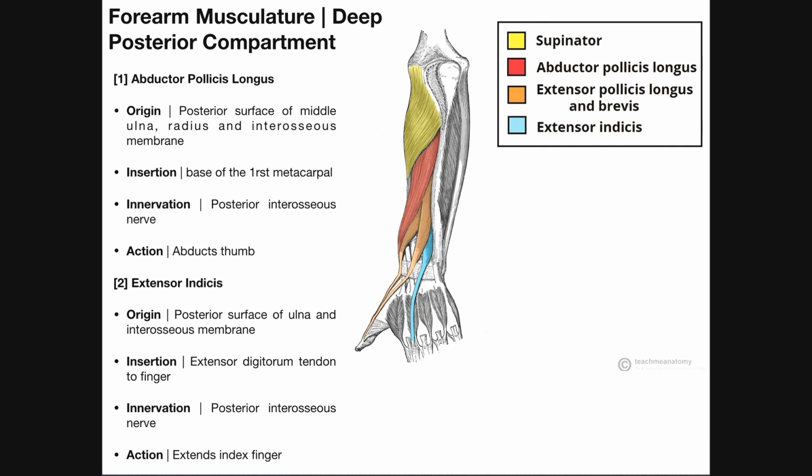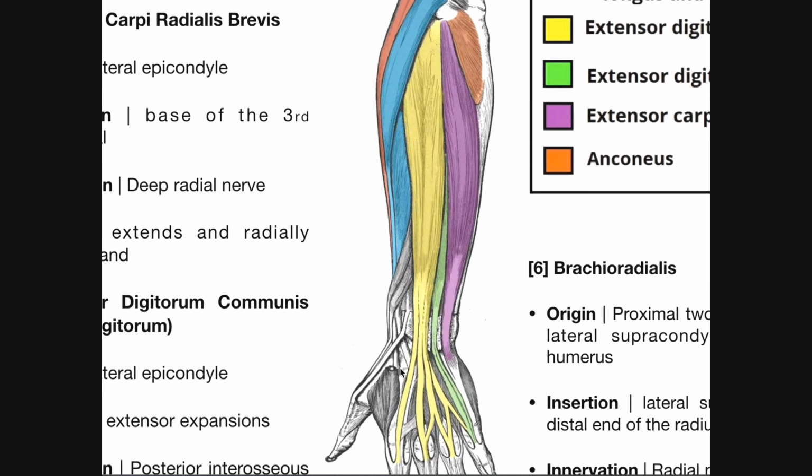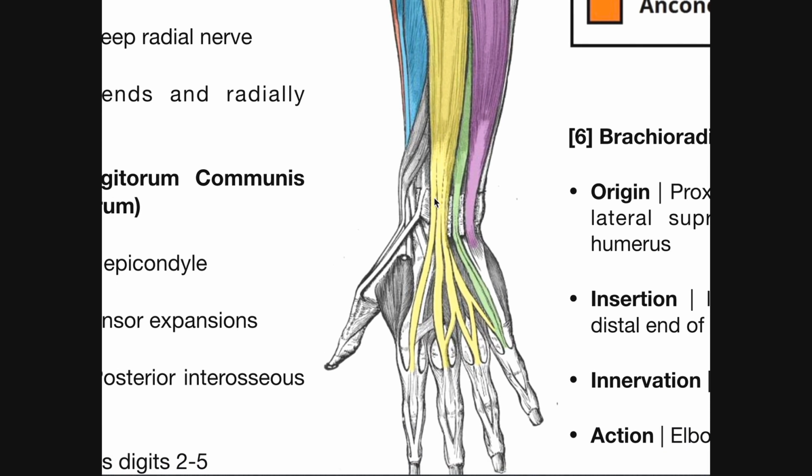If we go back to the previous video slide, remember this yellow muscle was extensor digitorum, also called extensor digitorum communis. If we follow the muscle fibers distally, we see that one of these tendons goes to the second digit, that is the extensor expansion. Remember, the extensor expansion was really just a fascial covering of all of these digits out here.